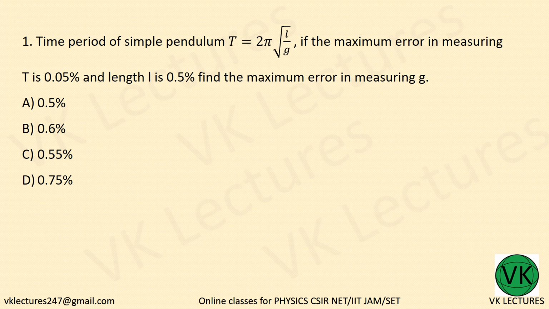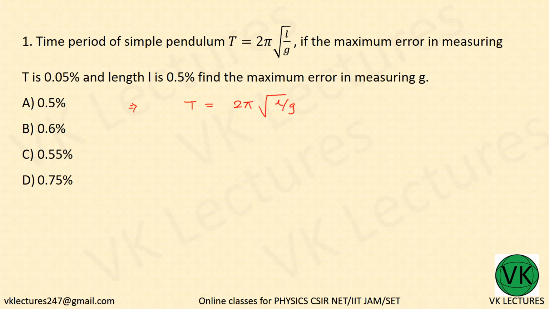Now how to go forward with this question? First thing that you have to do is write g in terms of the other quantities which are being given. For example, T is equal to 2 pi under root L by g.